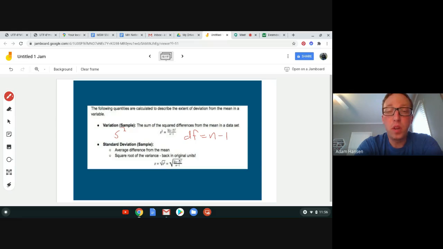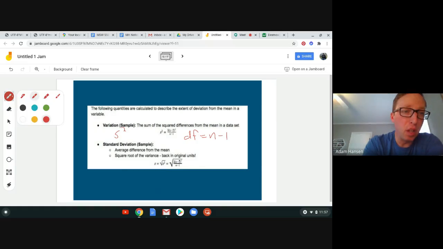There are n minus 1 independent values in a data set, and then the last one is dependent. In a data set of size 10, 9 independent values. Once you know 9, you can find the 10th one pretty easily, so long as you already know the average. That comes to the degrees of freedom.